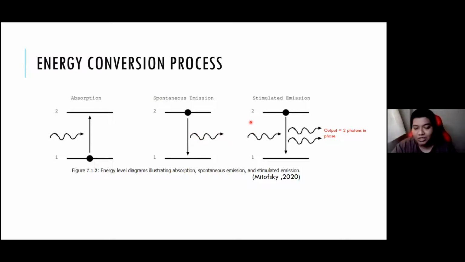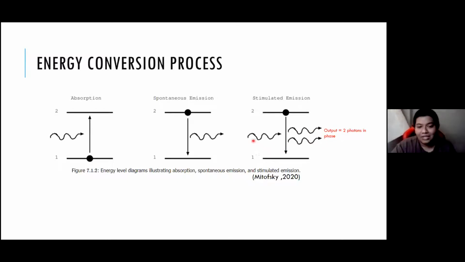But stimulated emission, which is a very important part of this laser, is when a photon is passing through and recombination occurs at the same phase, the same frequency and the same direction. What happens after that is the output becomes 2 photons in phase.